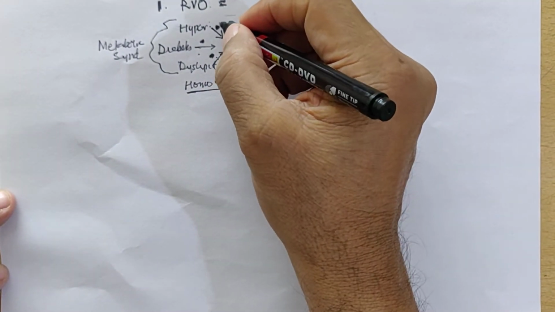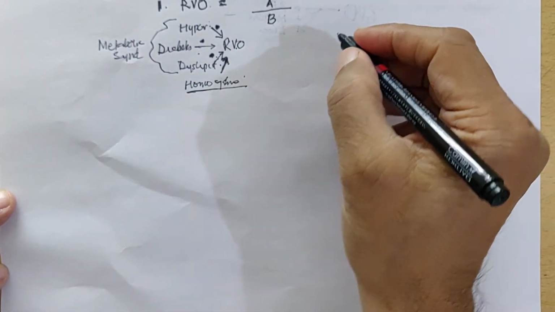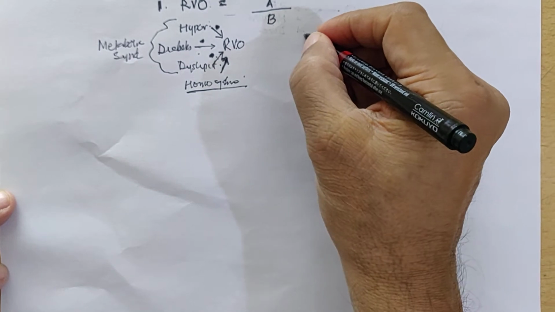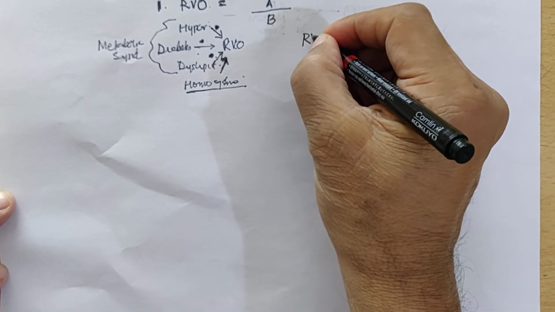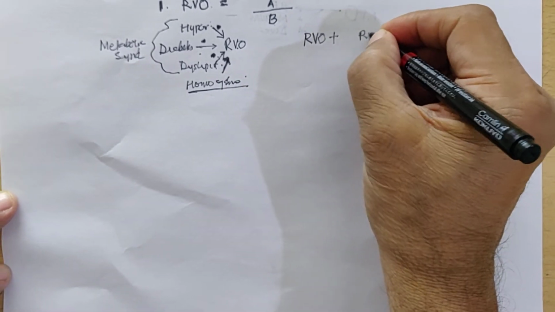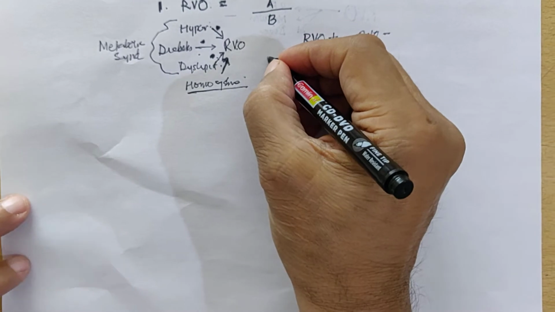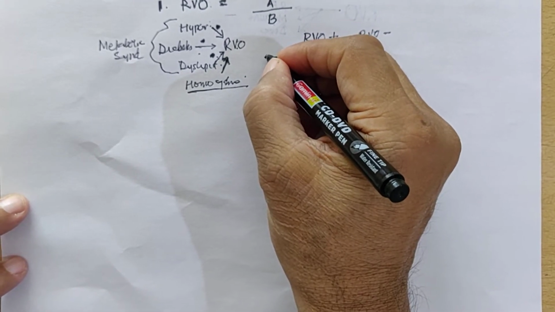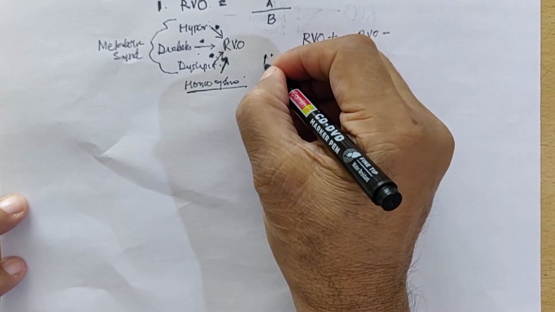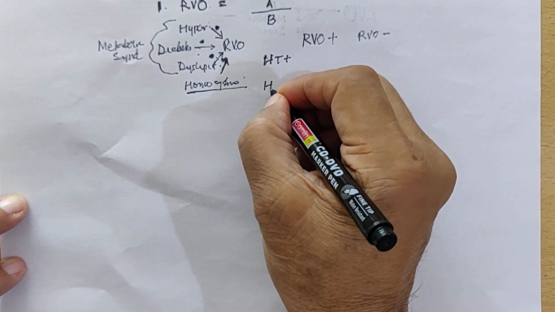So we decided that whatever we have easily, we'll be able to do. The table that we wanted to make was RVO positive, RVO negative. And let us say blood pressure or hypertension positive, hypertension negative.